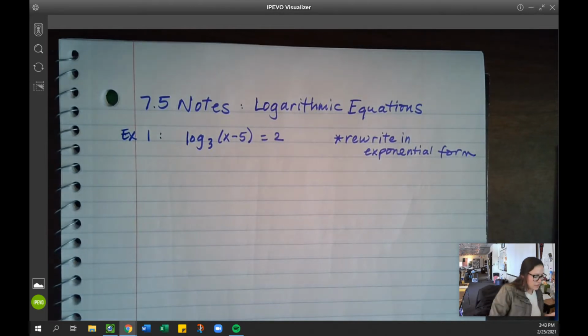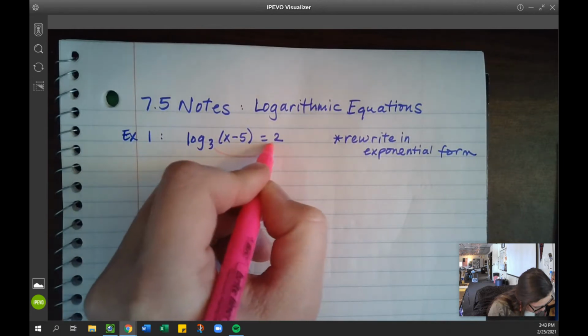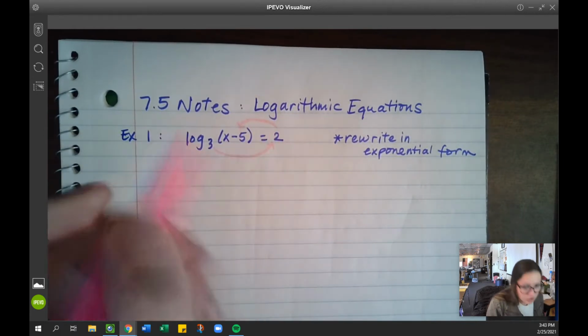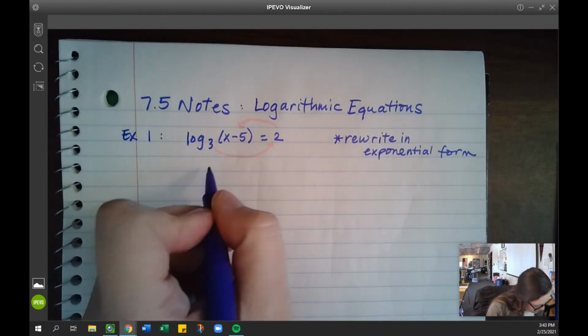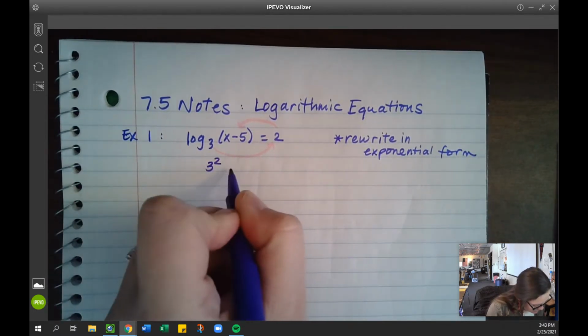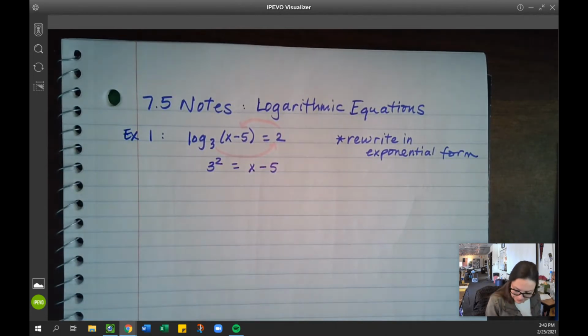So we're going to use our little circle method here. Start at the base and circle around. So this is the same thing as saying 3 to the second equals x minus 5.